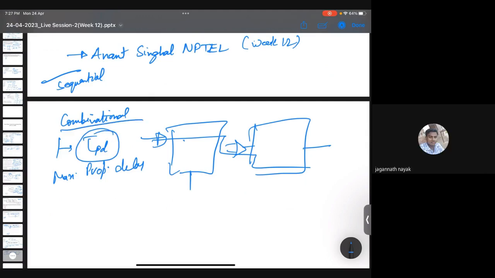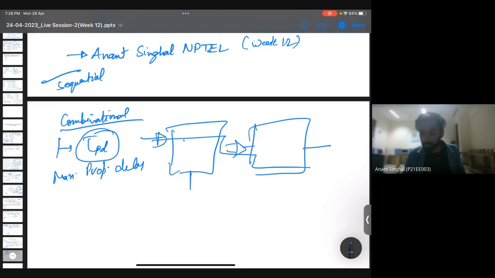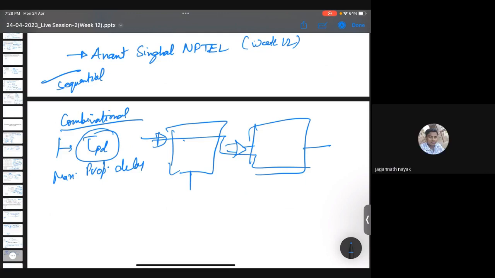Will the total number of questions in the final exam be 75 or 100? See, the question paper format will be given to you by NPTEL only. We also don't know the exact number of questions, but they will provide a certain format. I guess they have released the hall ticket today also.